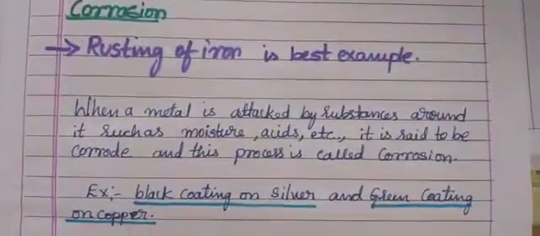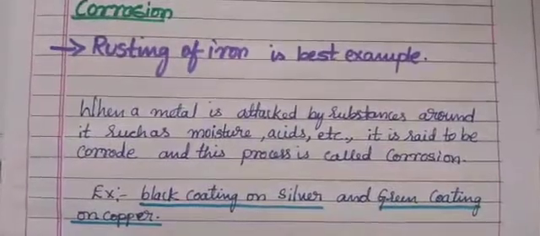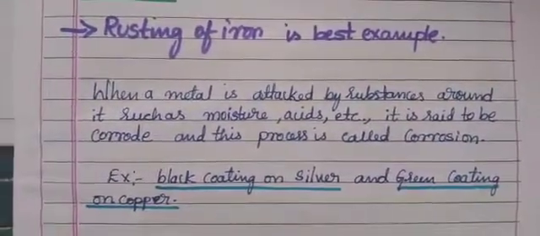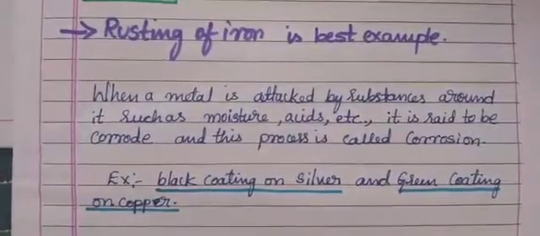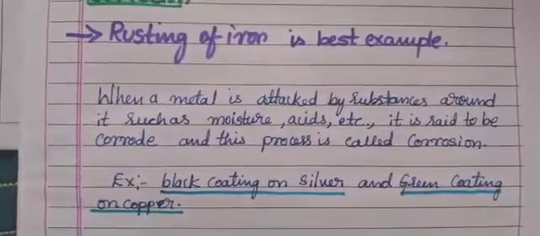This is the definition of rusting of iron. This is one of the major reasons for damage to car bodies, bridges, iron railings, ships, and all objects made of metals.